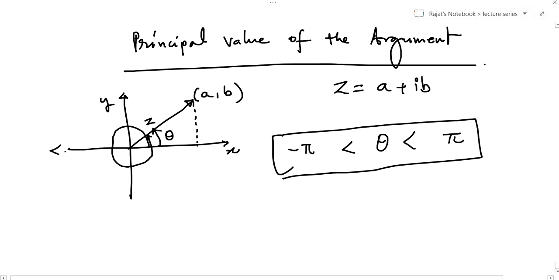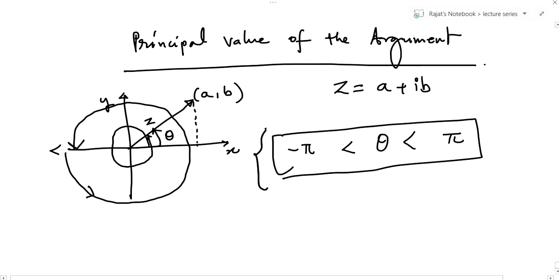So you are starting from here, this is minus pi, and start turning in the anti-clockwise direction. You come here, this is 0, and then again you turn, and finally this is pi. So you are making a complete circle, so you are able to cover all the angles. You are covering all the 4 quadrants.